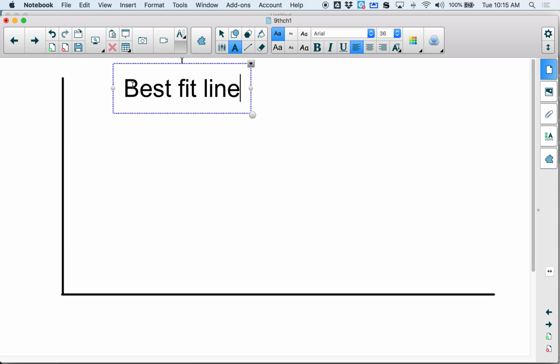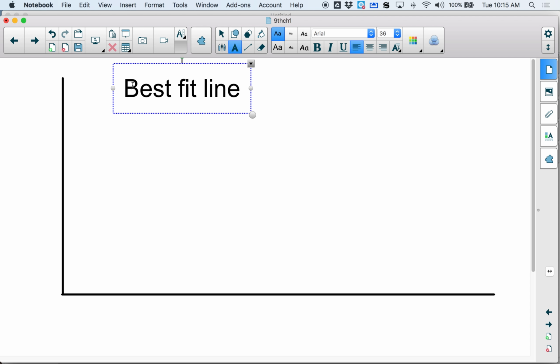What you want to do is put it on, okay? And what you have to do, and this is the hard part, so pay attention, is try to put your straight edge on in a way that it comes as close to all of the points as possible. And that can be a little bit hard.